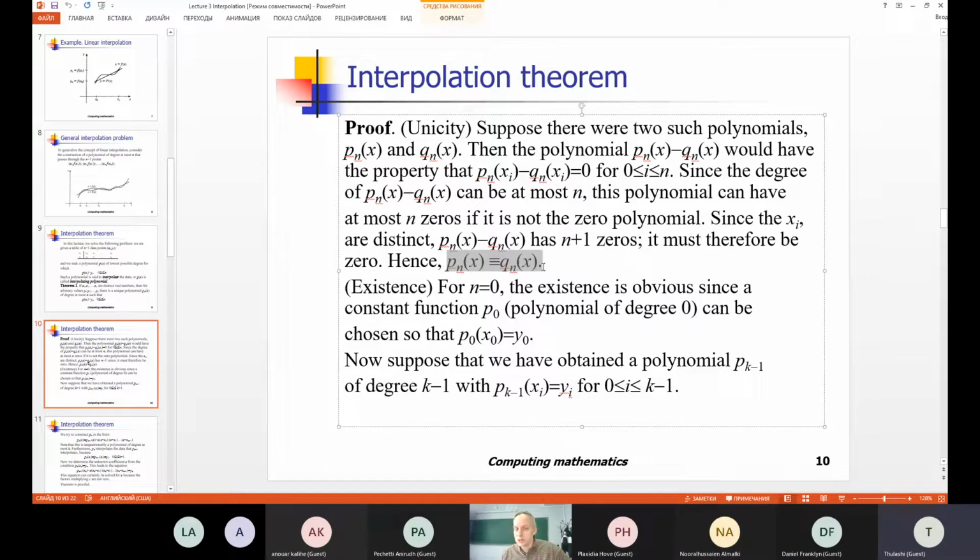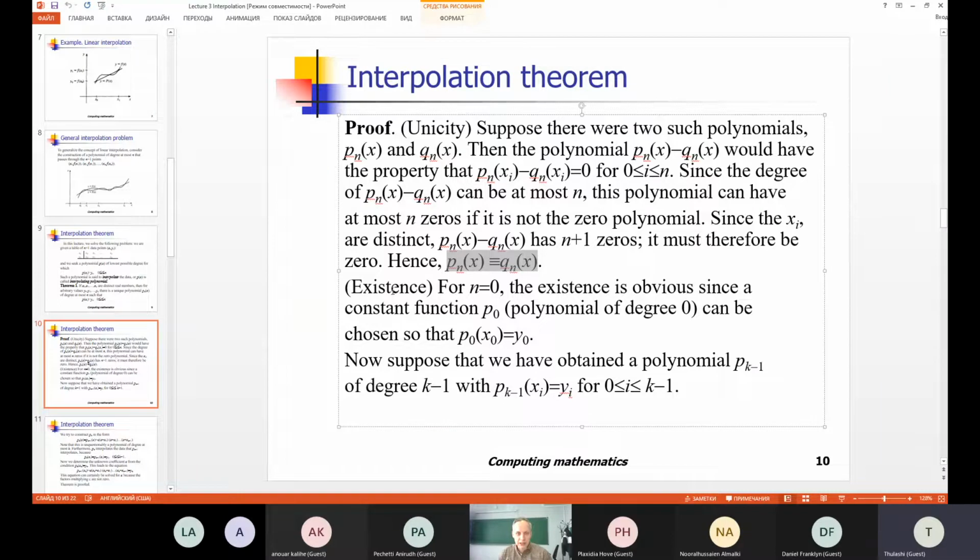Hence, our supposition is not correct, and Pn identically equals Qn. It cannot be different polynomials; it can be just one polynomial. So Pn identically equals Qn. This is the proof of uniqueness.